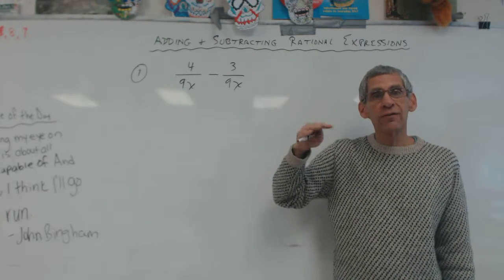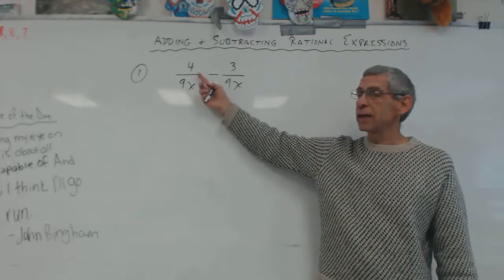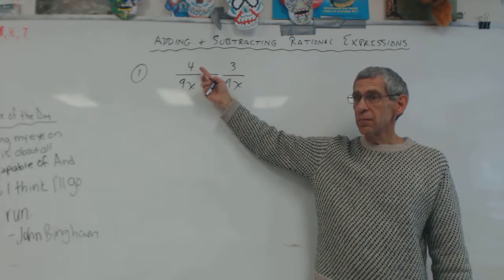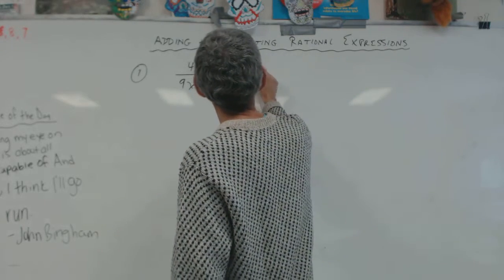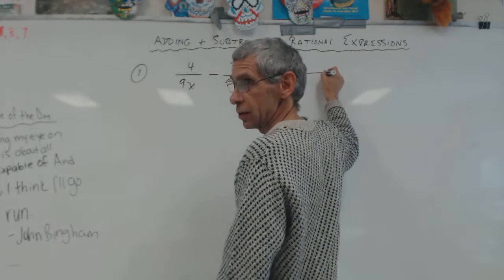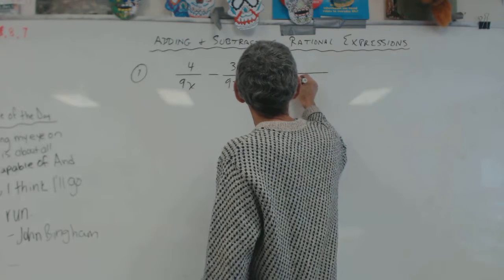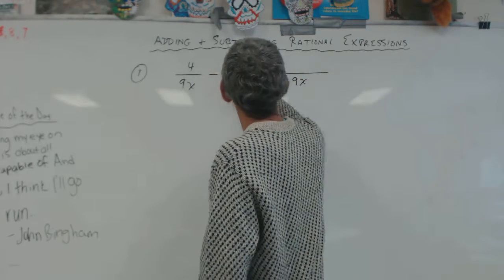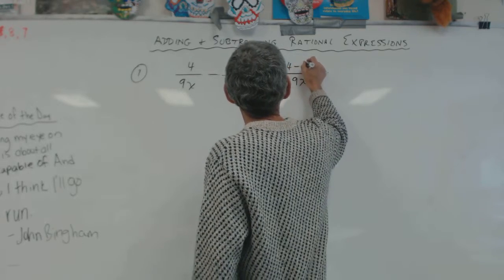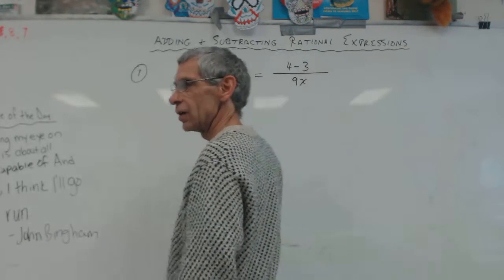So whenever you have common denominators, you can combine the numerators, guys. So I could write a fraction line, you agree with me? And put my 9x down below, and then do 4 minus 3. I could technically do this. Now, could I simplify that any further?